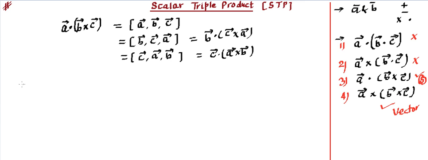So let's say that we can think of, because we know already this cross product and dot product.